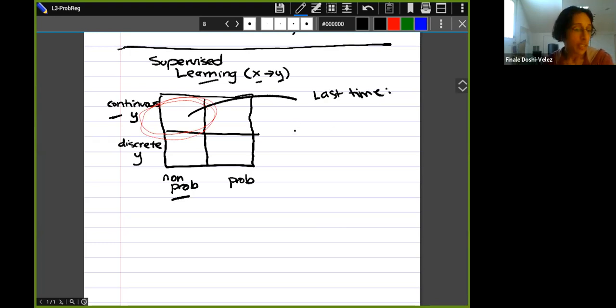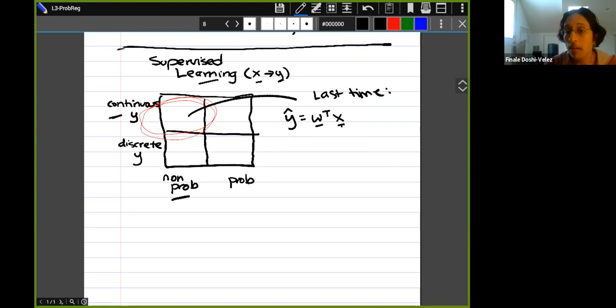And last time, what we specifically did was that we said that we're trying to predict Y. That's going to be our Y hat. And we're going to assume that we are going to use a model of this form. So there's some weights W, and they're going to be multiplied by a vector of features. So this is X. And at the very end of last class, David talked about how this X could be some phi of X, or it could be a transformation of the data that you already have.